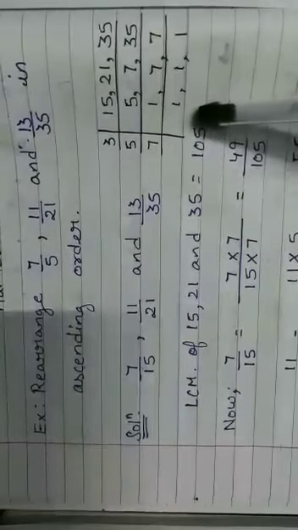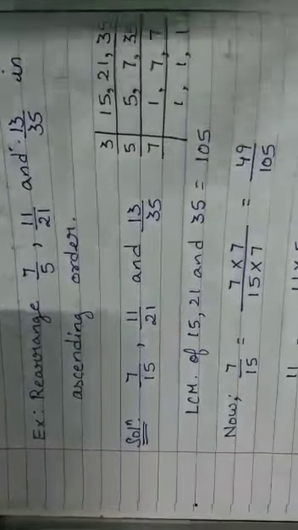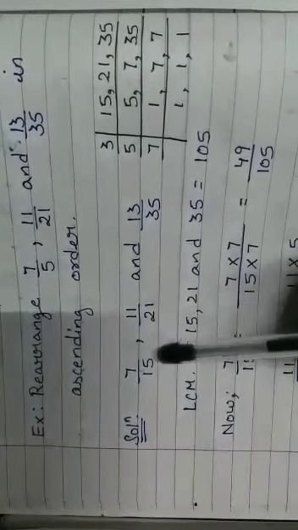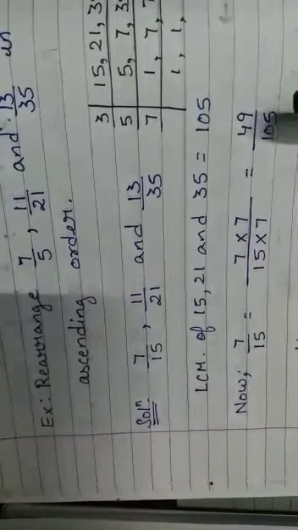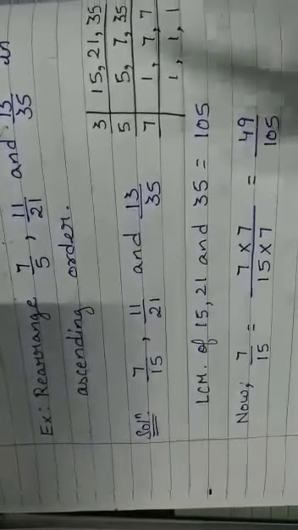I got 105. Now what we have to do, we have to make all these unlike fractions like. We have 3 unlike fractions, 7 upon 15, 11 upon 21 and 13 upon 35. So we have to change them into like fractions with the same denominator, the LCM, 105.